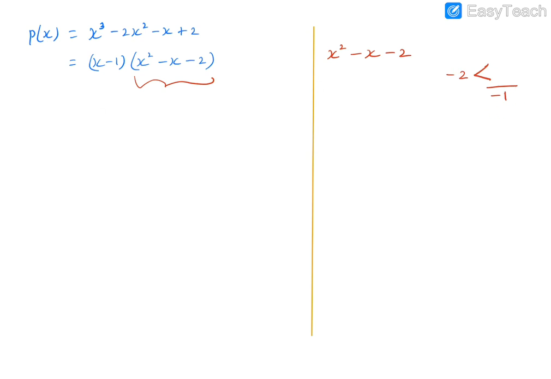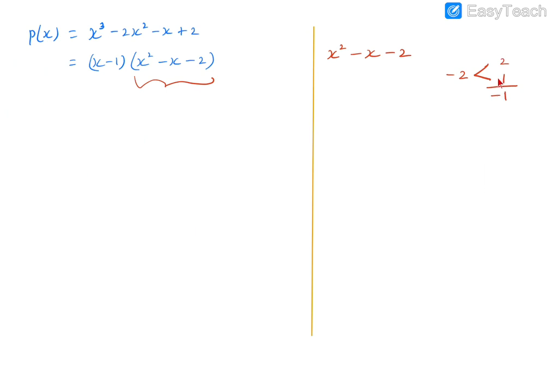The product of two numbers that will give a value of 2 is simply going to be 2 into 1. So 2 into 1 will give us 2, but we want minus 2. So we have to put a minus in front of one of these numbers. We can either put a minus in front of the 2, so it will be minus 2 into plus 1, which is minus 2, and minus 2 plus 1 will get minus 1.